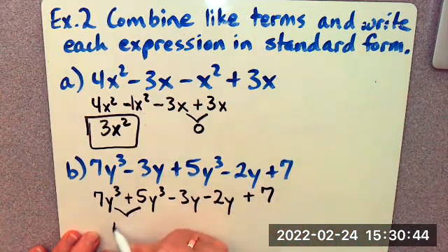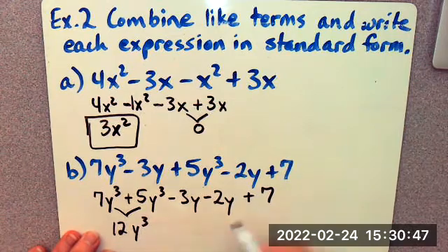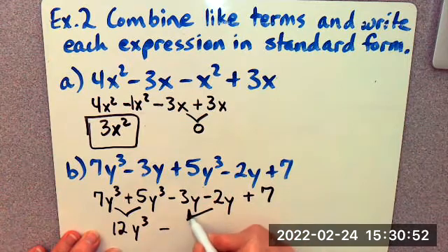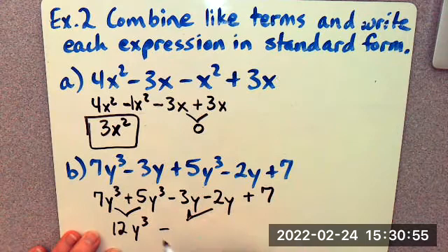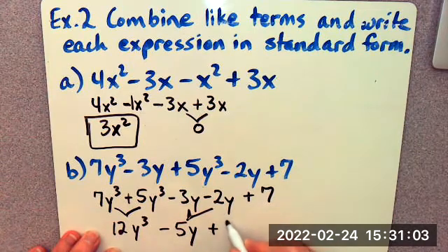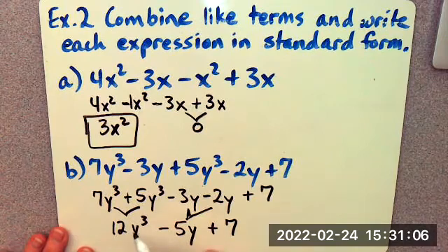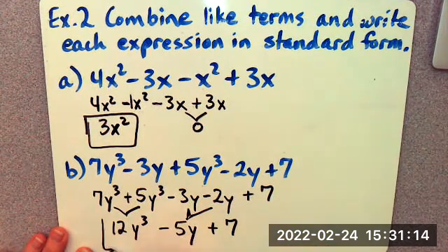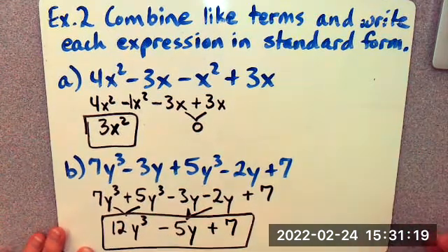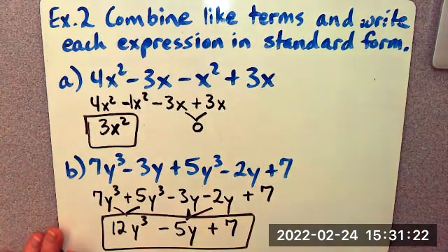So this equals 12y cubed, and this is minus, and I have same sign sum, so 3 plus 2 is 5, and they're both negative, so it's 5y, and then plus 7. So my highest degree is first. So third degree, first degree, 0 degree. So this is how I'd write the standard form of this polynomial after I've combined like terms.